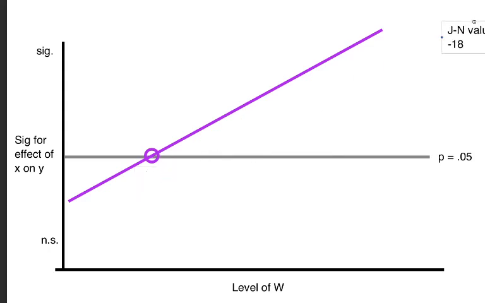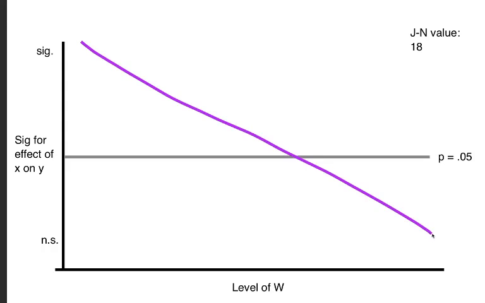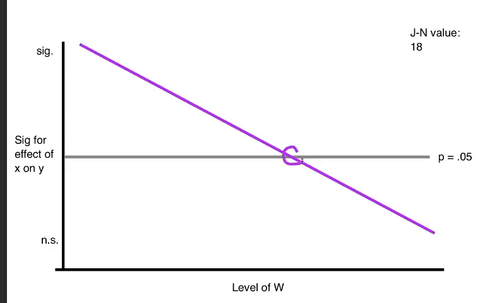Now, I talked in the lab about how this might not be the only relationship that we see. This is just one example. Instead, maybe it's +18, and maybe it looks something like this. So at low values of the moderator, it's significant, and at high values it's not significant.